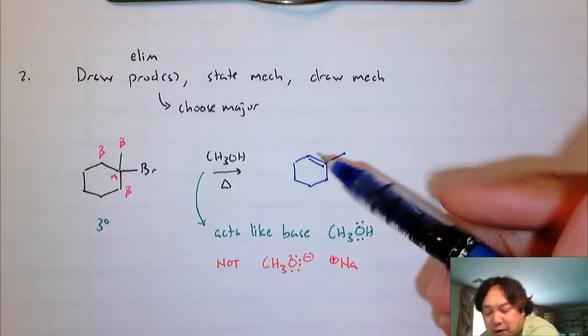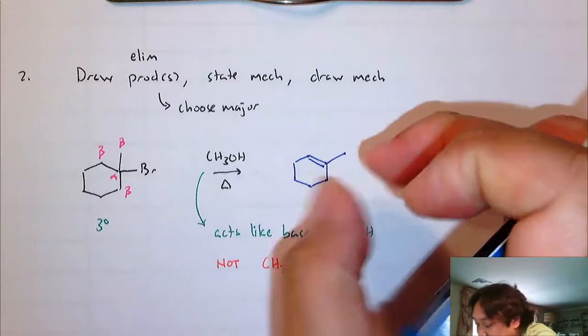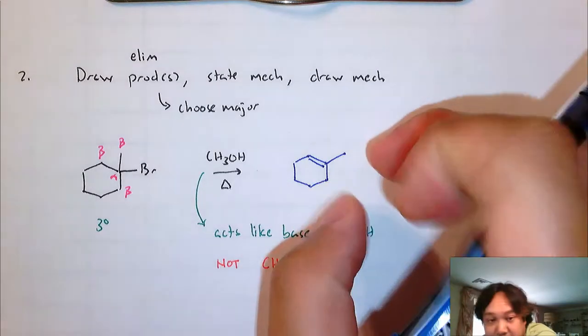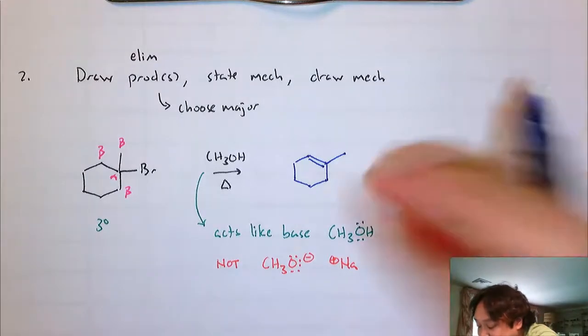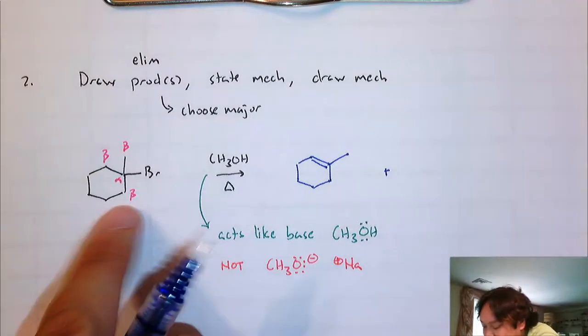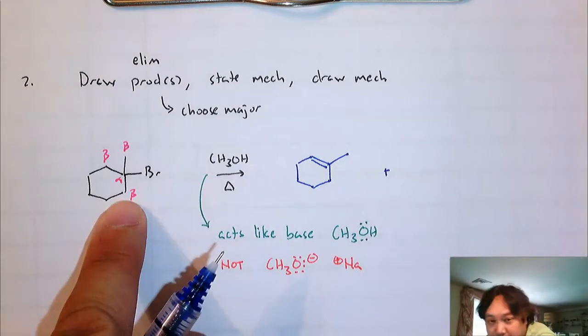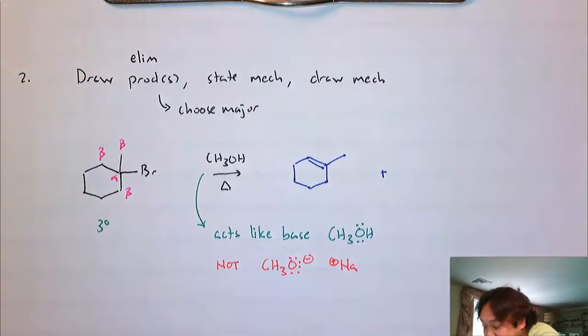You know that double bonds are flat, at least the atoms around the double bond. So I'm not drawing dashes and wedges, and I know that this is trigonal planar, 120 degrees. If I take off the hydrogen off of this beta carbon, my double bond will go down, and I will still get the same product. It's identical.